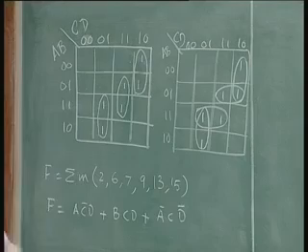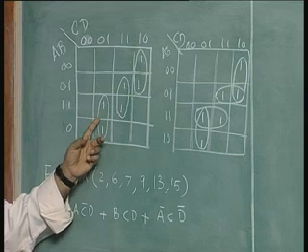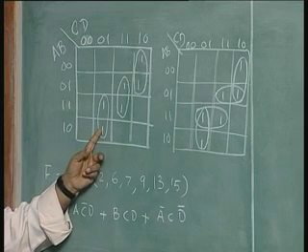An essential prime implicant is one which, if you remember, has at least one entry of 1 not covered in any other prime implicant. So, this way here, this is an essential prime implicant.